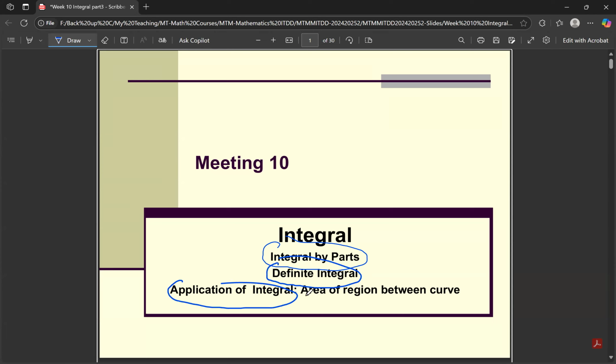For the application, we just talk about the area of region between curves. In integral we have many applications, but in this meeting we only talk about the application of integral in the area of a region between curves.